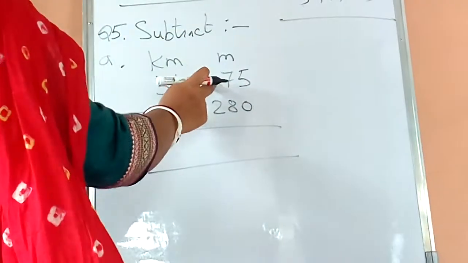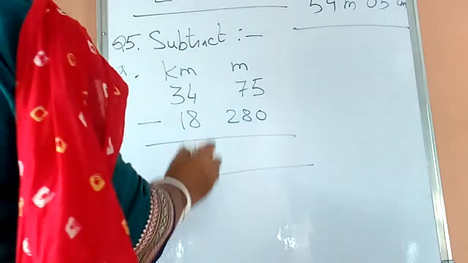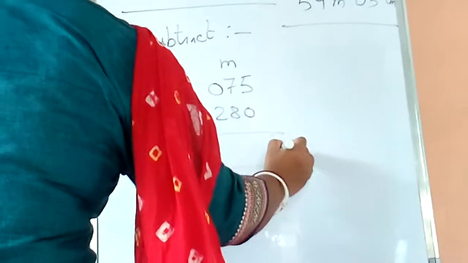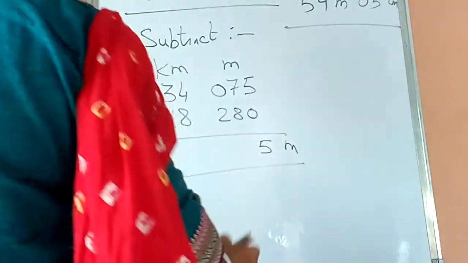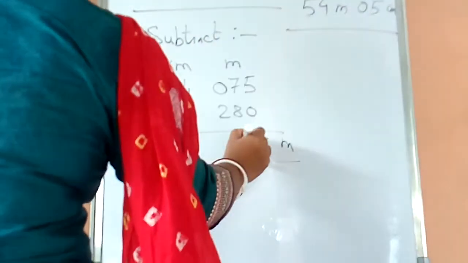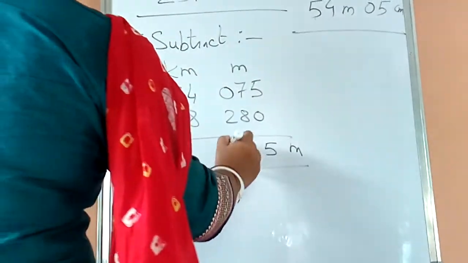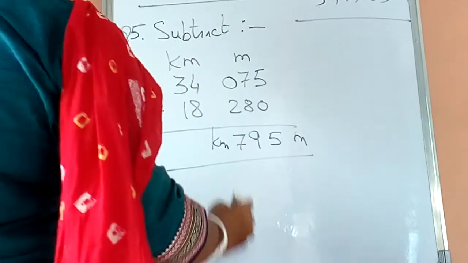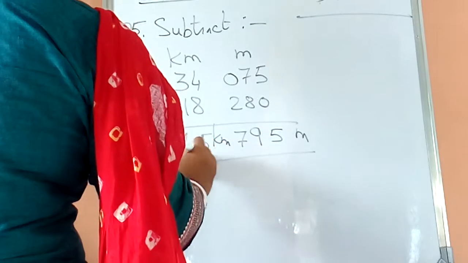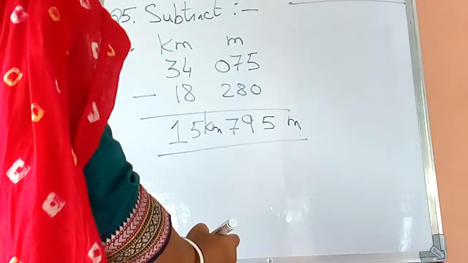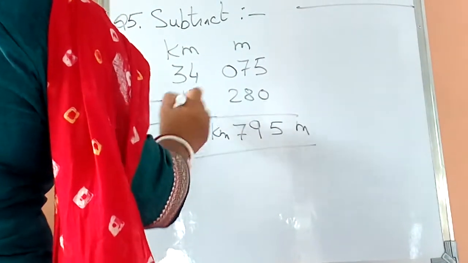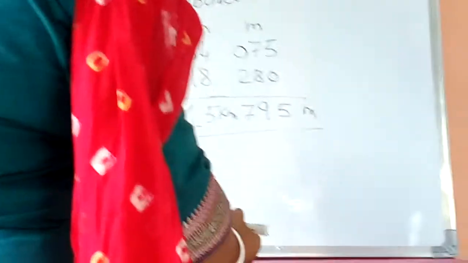Here this side is missing, so what is not there you will put 0. Okay, now subtract. 5, then 8, 9, 7. This is kilometer. 5 and 1. That means 15 kilometer and 795 meter. This is the subtraction.